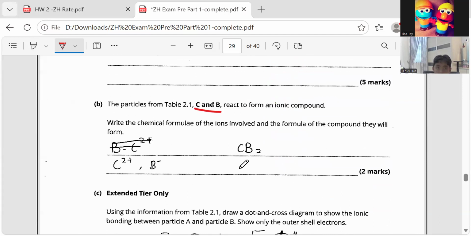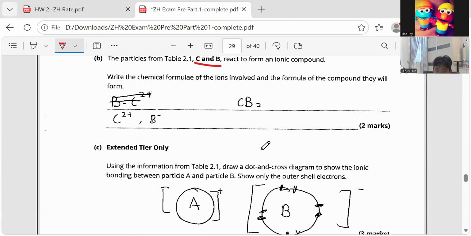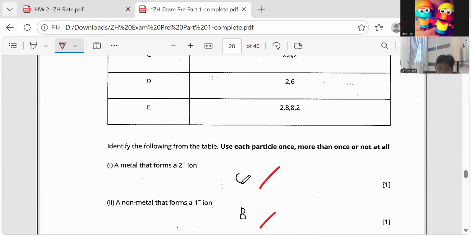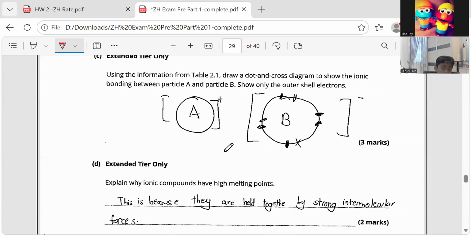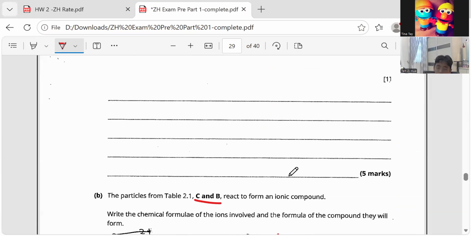Yeah, right. Good. Okay, if A is nothing, right, you no need to draw the shell. Okay, correct. Okay, and B. Okay.